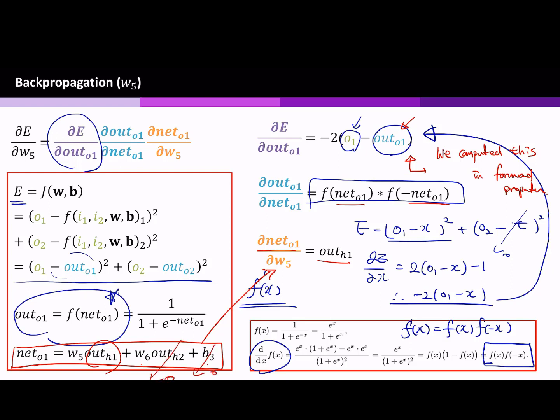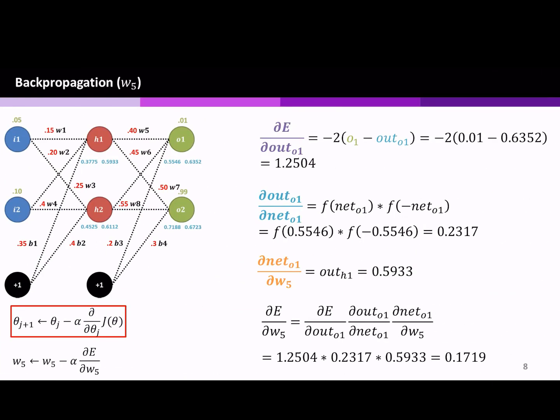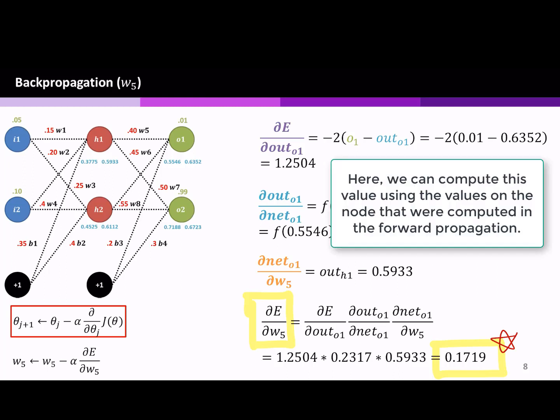We remain with only the output H1. So finally, we find the partial E over partial W5. That one is this value. Does it make sense?